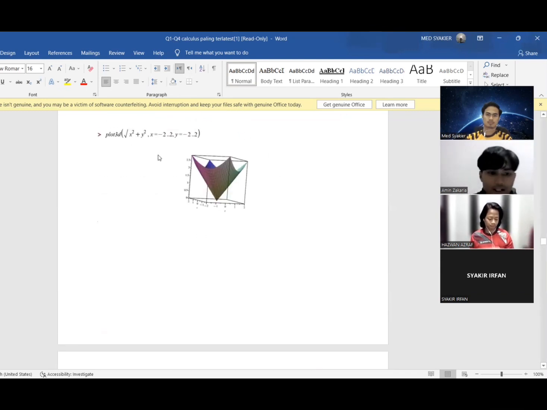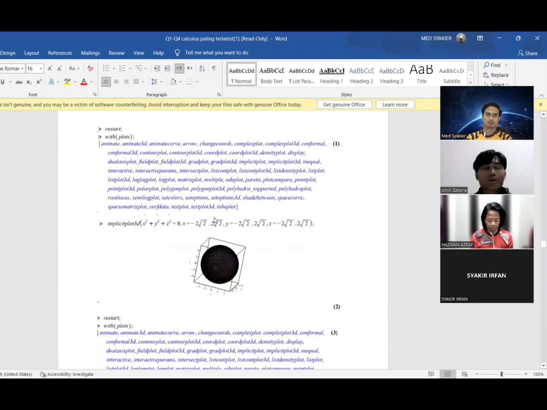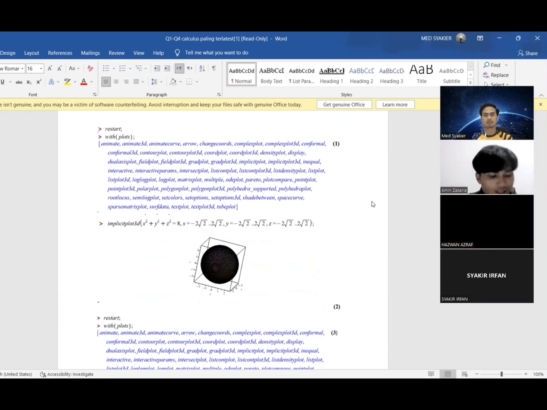So next, we have to type restart and also with in brackets plots. For this step, it actually needs us to find a curve. Yes, because after this we already get the 3D graph, which is a straight line or a plane.